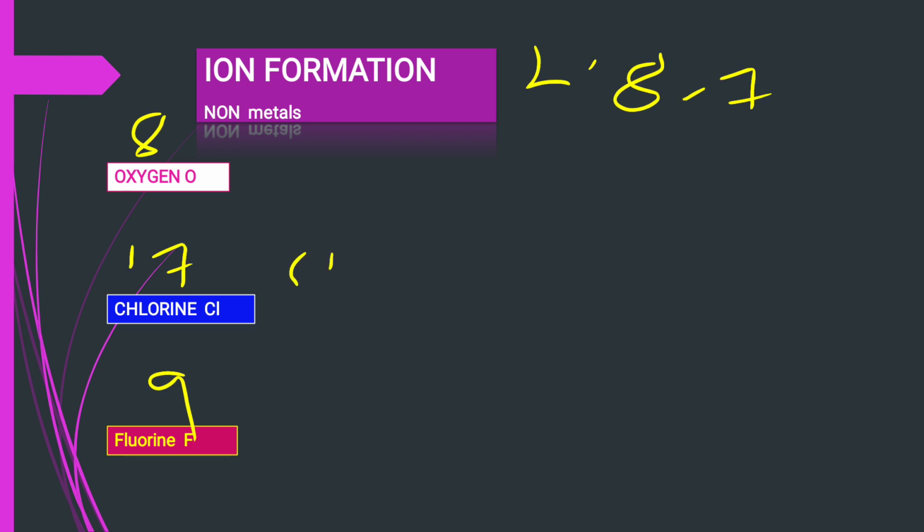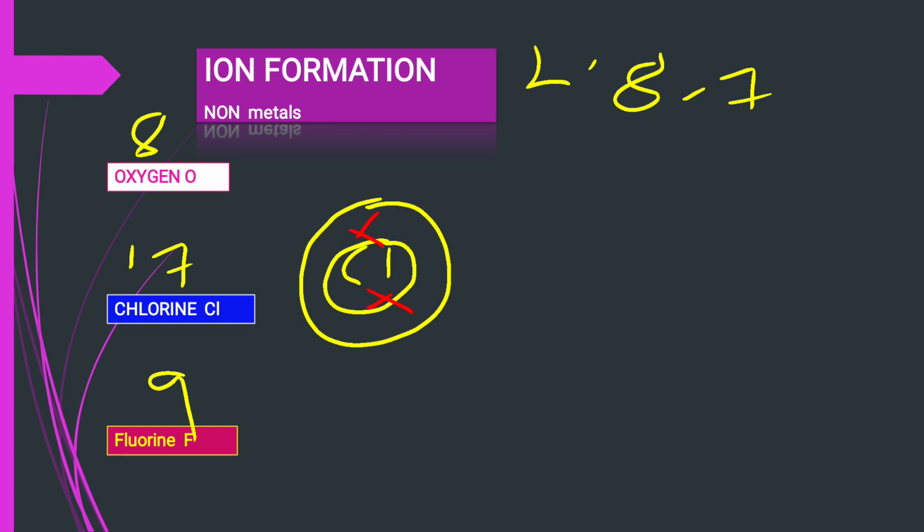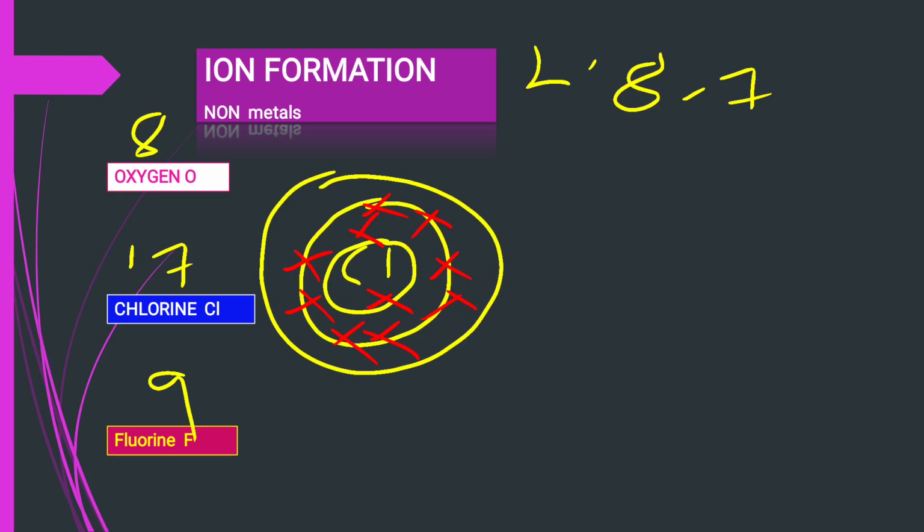So if we have the chlorine atom here, it will have the first energy level with only 2 electrons, the second energy level with 8 electrons, and then the third energy level with 7 electrons.